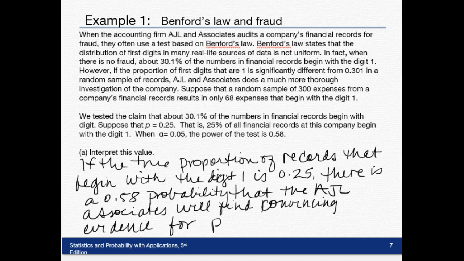That the proportion is not equal to 0.301. Okay? So we know it's not equal because it says significantly different from. All right? So that's how we would interpret power.